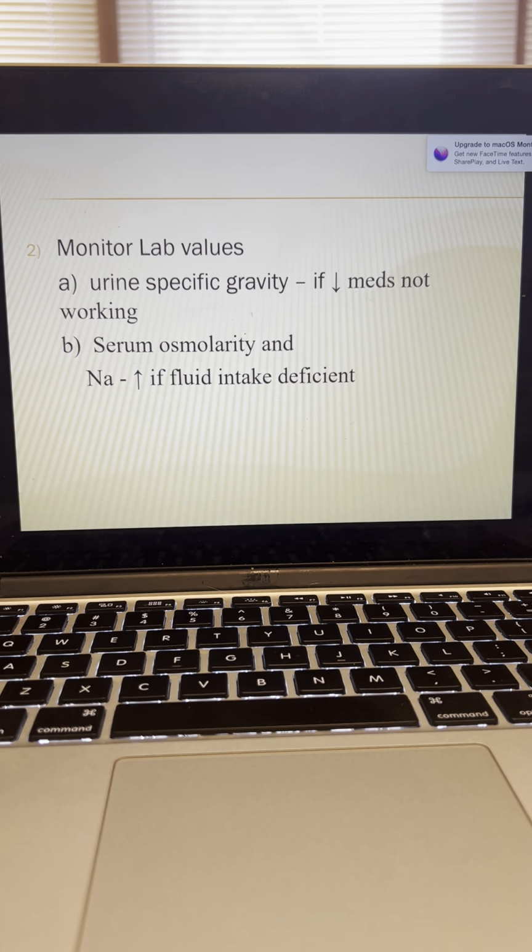their urine-specific gravity. If decreased, their meds are not working, then they're going to have a decreased urine-specific gravity. Serum osmolality and sodium will be increased if their fluid intake is deficient.